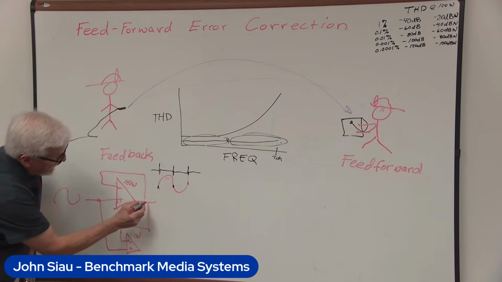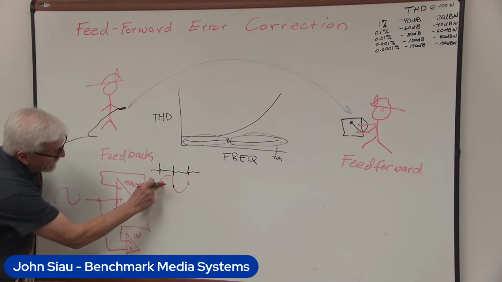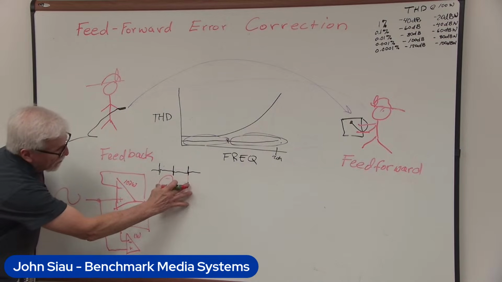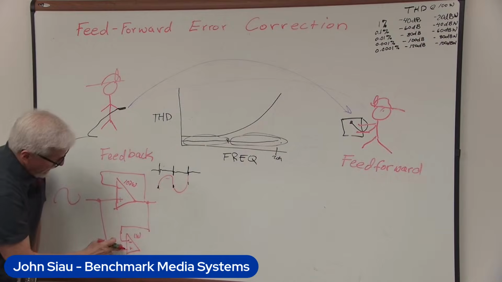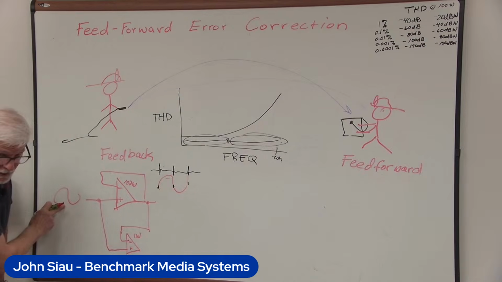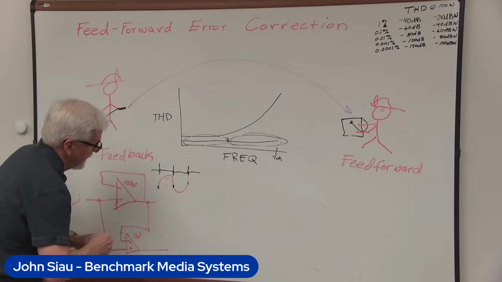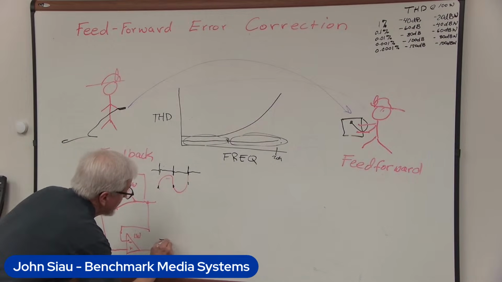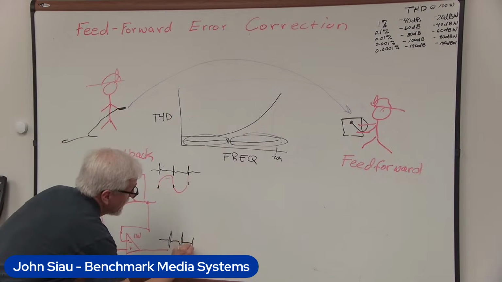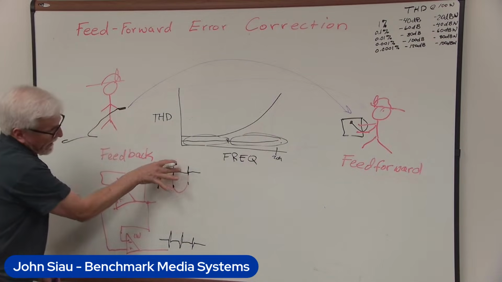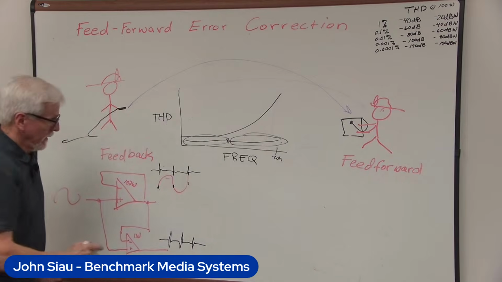So I've got this signal here that's the desired signal plus the distortion, and I compare that to the clean signal, and what I get out here is just the distortion signal, but it's actually, in this case, inverted. It's that flipped over.